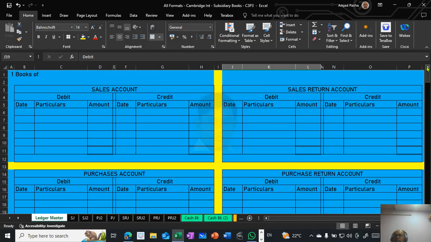So sales account. Sales account is always a credit balance. So we are not supposed to record each and every entry. We have to record the total. We have to record the total in sales account. So sales account we have to record the total. So first let us do the total.